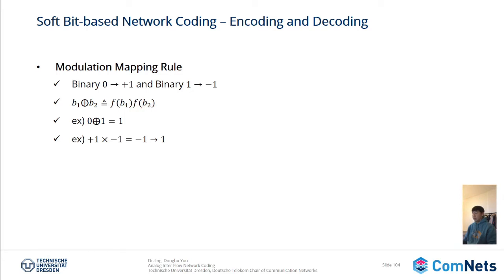For instance, binary 0 XOR 1 is 1, right? So the binary 0 becomes +1 after the modulation, and the binary 1 becomes -1. Then when we multiply these values, it will become -1, and the symbol -1 becomes binary 1 after the demodulation. So actually this is the same, 1 and 1.